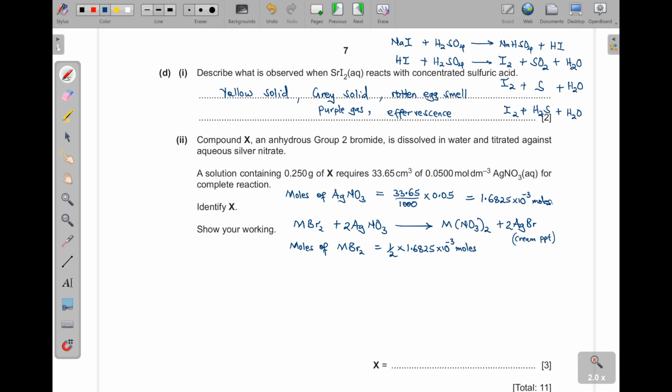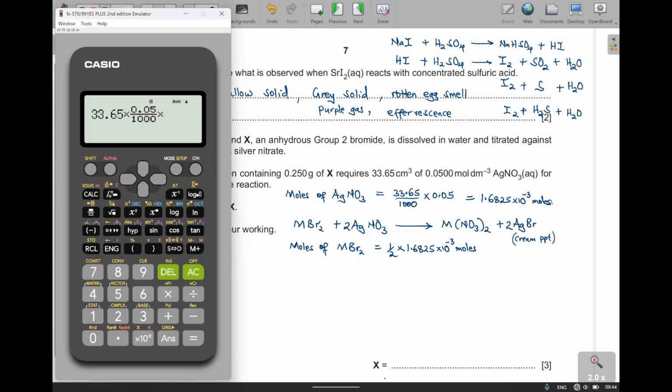Then from there, these moles of X are the ones that weigh this mass here. So what is this one times a half? I say times 0.5.